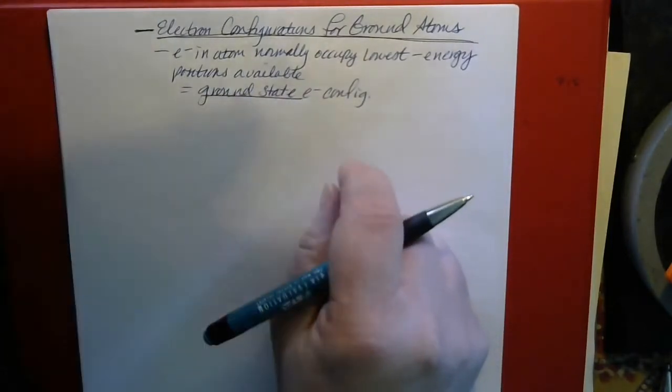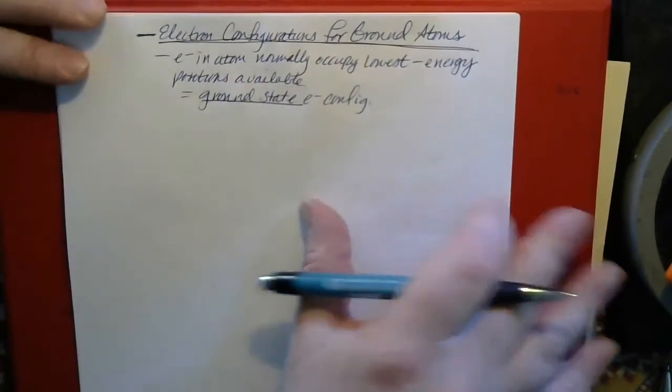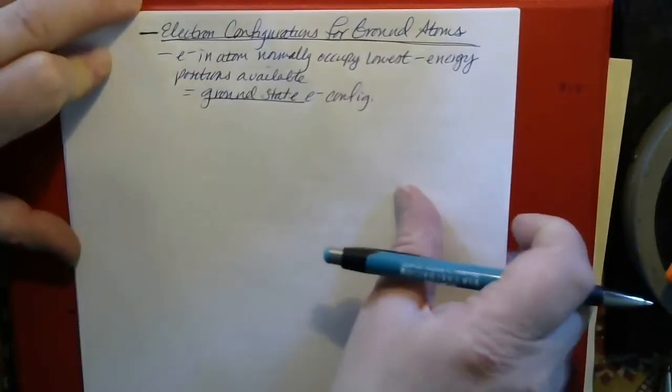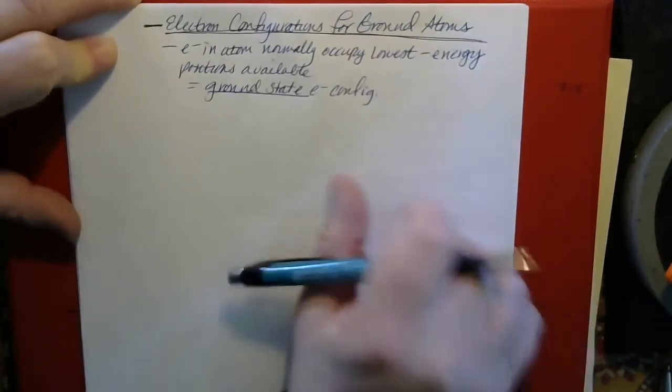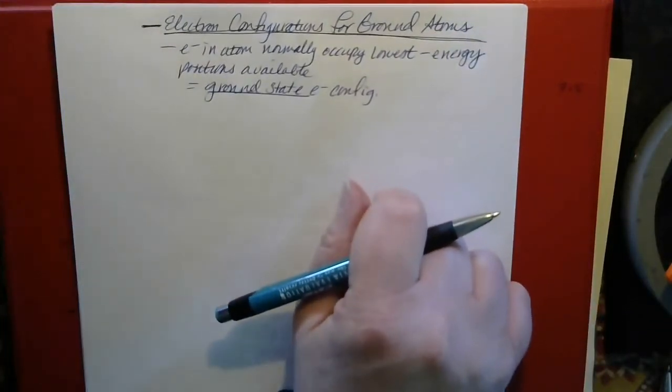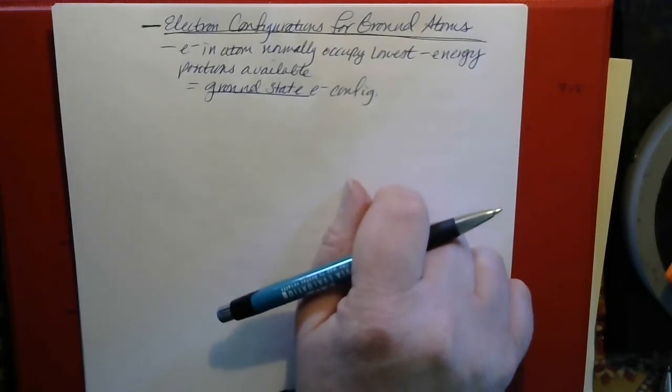Normally, if you're asked to write an electron configuration, it's safe to assume that we mean the ground state, unless we say otherwise. Actually, it pretty much has to be the ground state, because there's practically an infinite variety of possible excited state electron configurations for any given element, even hydrogen.